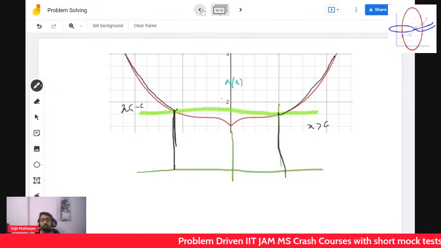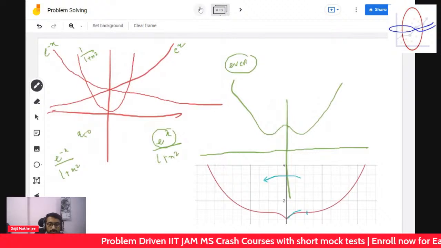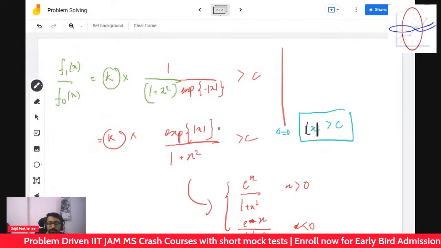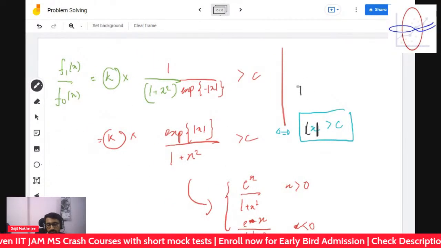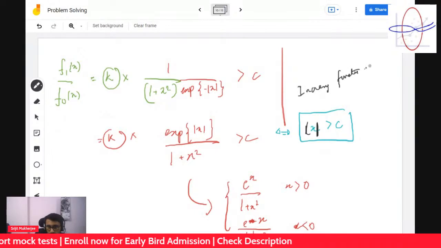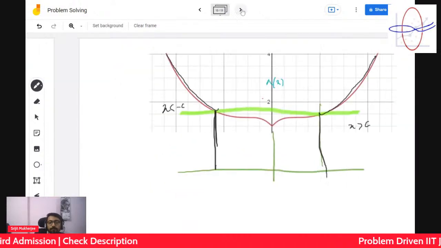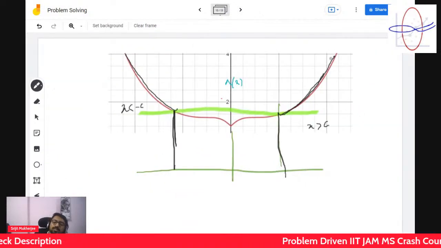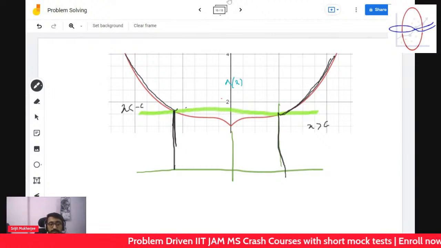It's an increasing function in mod x, not x. So therefore, for x greater than c, this is this. For x less than minus c, this is minus this, since it's even. Did you understand, guys?